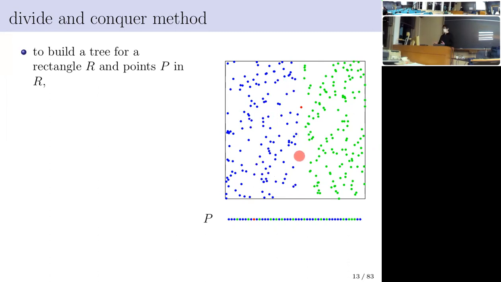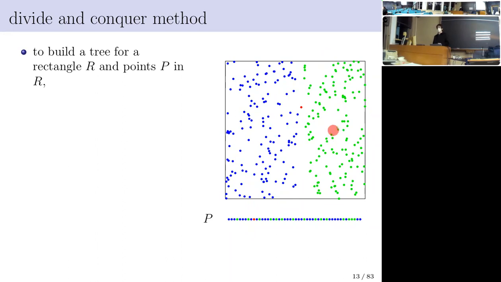So once you have set things up in this way, you simply make a recursive call, a subproblem solve, to build a KD tree that represents this left half, well, not necessarily half, the left part, and also the right part.